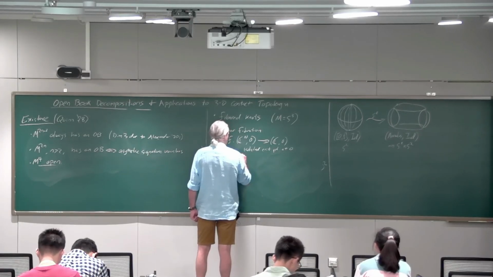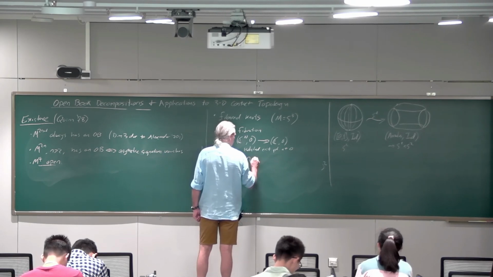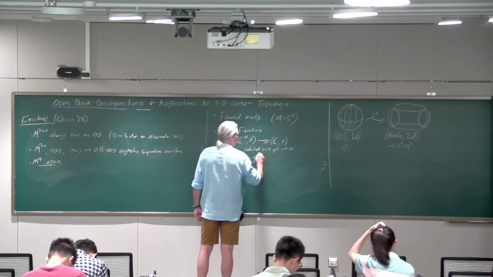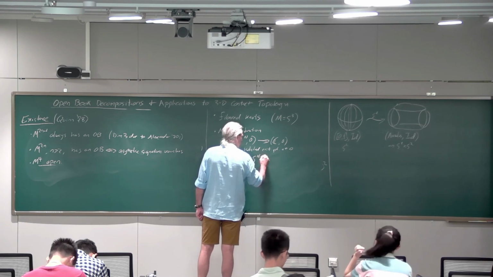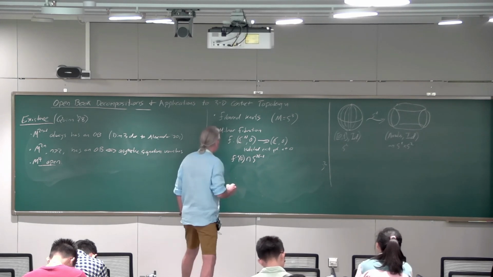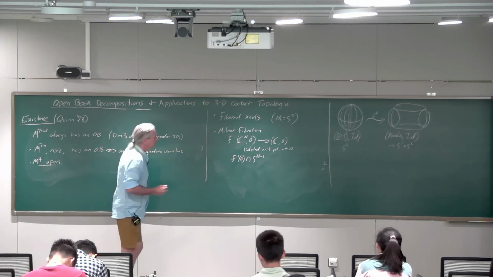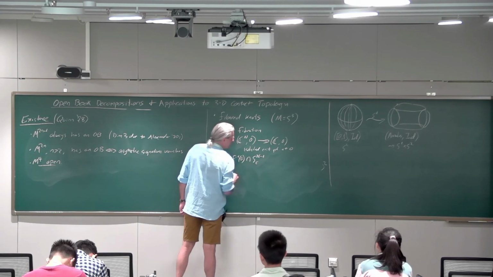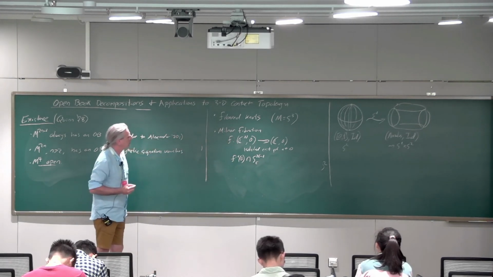We take f inverse of 0 and intersect it with some little sphere, which in this case should be a unit sphere S^(2n-1), small enough that it only contains our critical point.